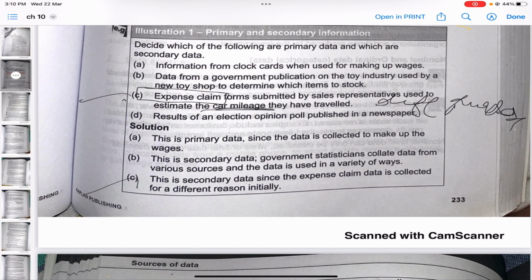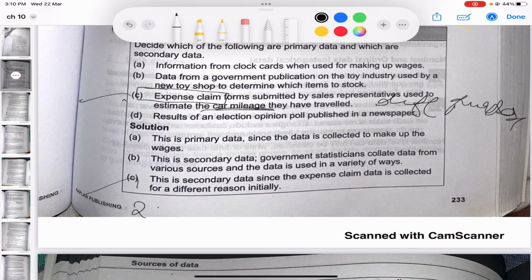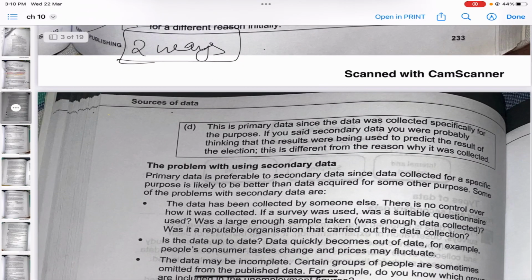Results of an election opinion poll published in a newspaper. Think about it. Take a moment and think about it. Okay. So now there are two perspectives in which you can see the same question. Let's see their answer.